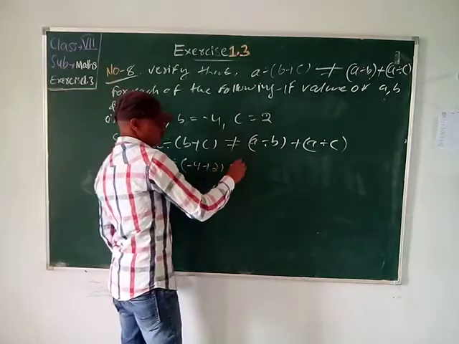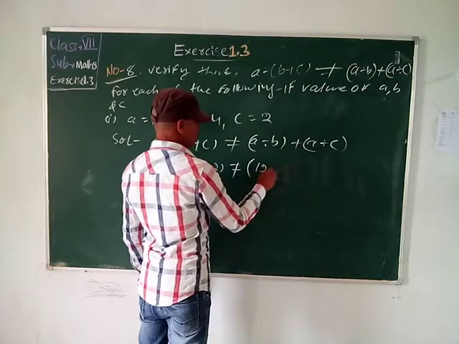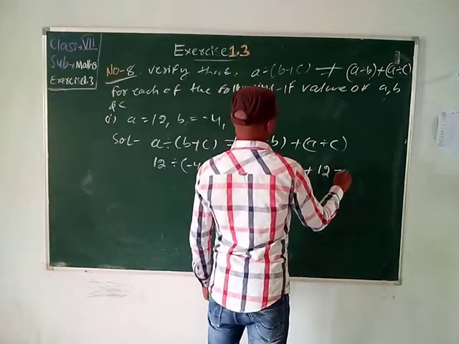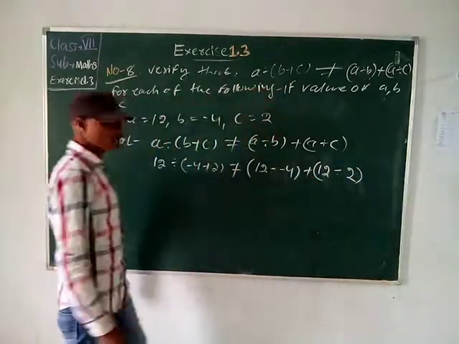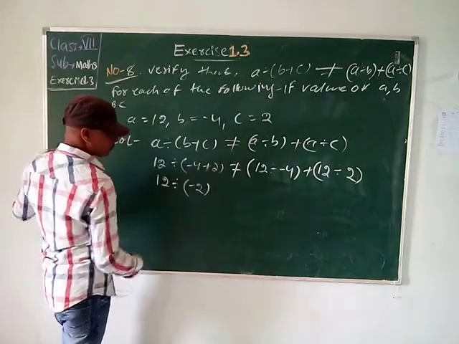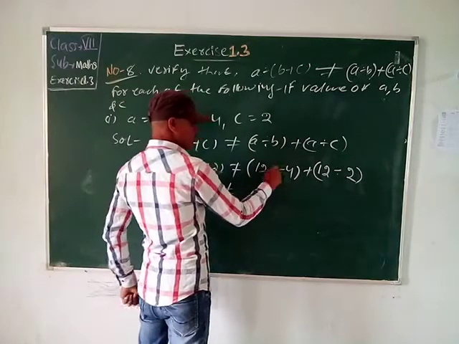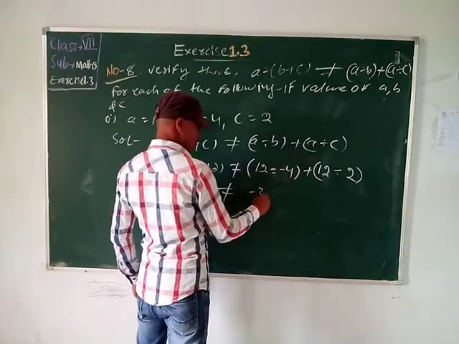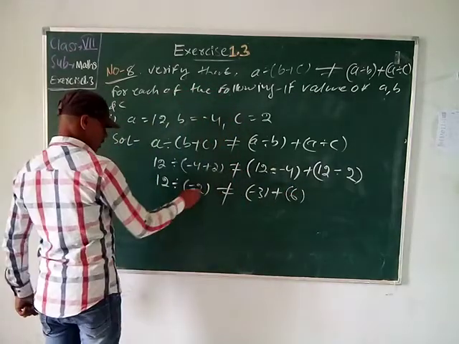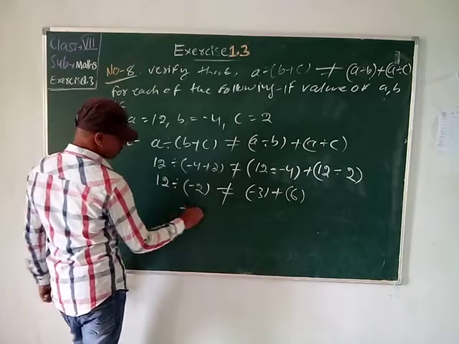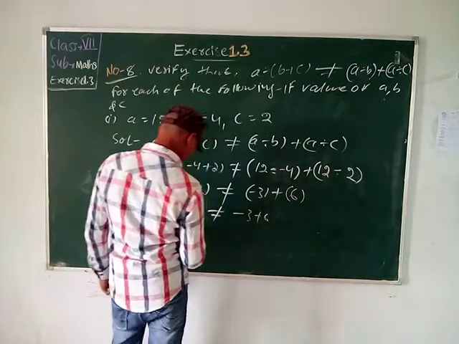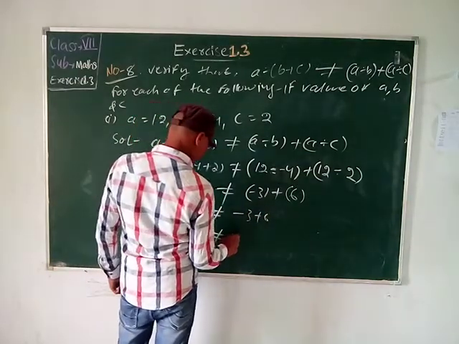Now a divided by b is 12 divided by minus 4, plus 12 divided by 2. 12 divided by minus 4 equal to minus 3, plus 12 divided by 2 equal to 6. Now minus 3 plus 6 equal to 3.